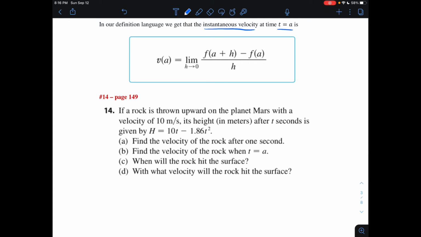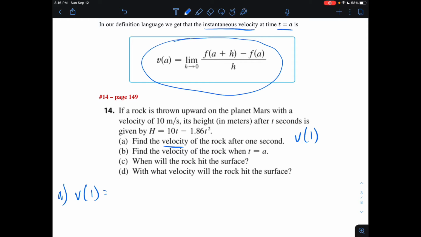We see the word velocity here, so this is really saying what is v of 1. And we're just going to use this new definition that we just learned. Part A is saying v of 1 is equal to the limit as h approaches 0 of our function. Notice that it's f. I'm going to use capital H for our purposes because that's the name of our function.